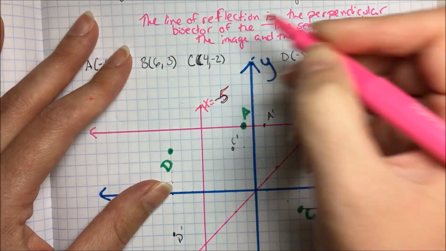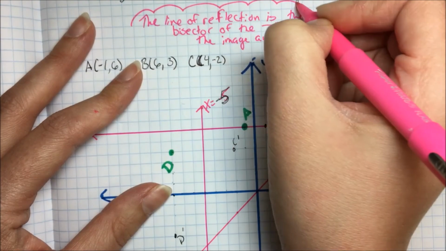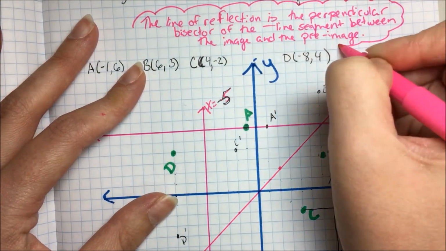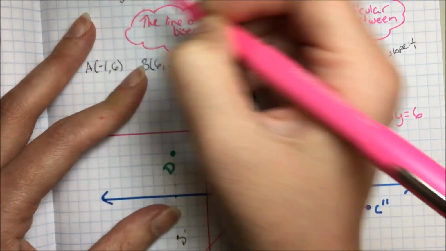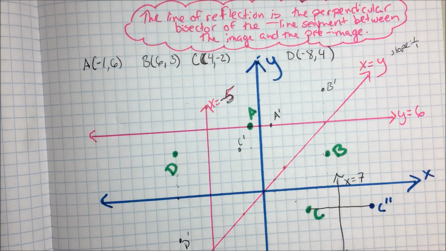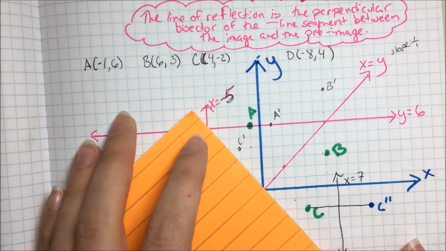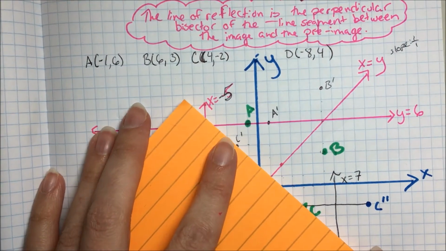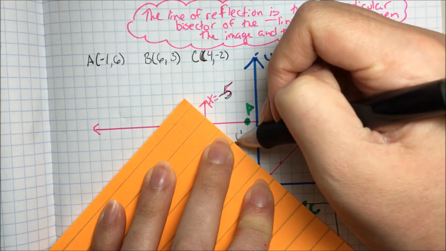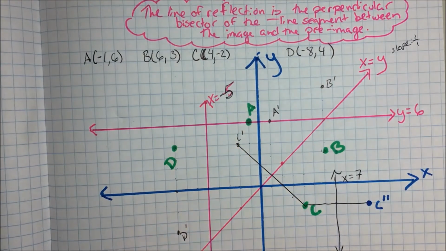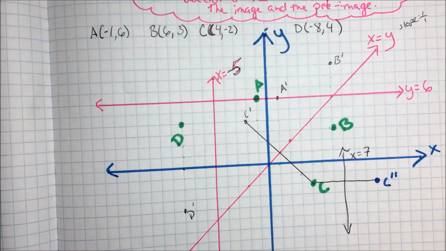So let's test to make sure that this is true. Let's go back through some of our other ones and see. If I were to draw from C to C prime, is x equals y the perpendicular bisector of that line segment? It does appear to be that way.